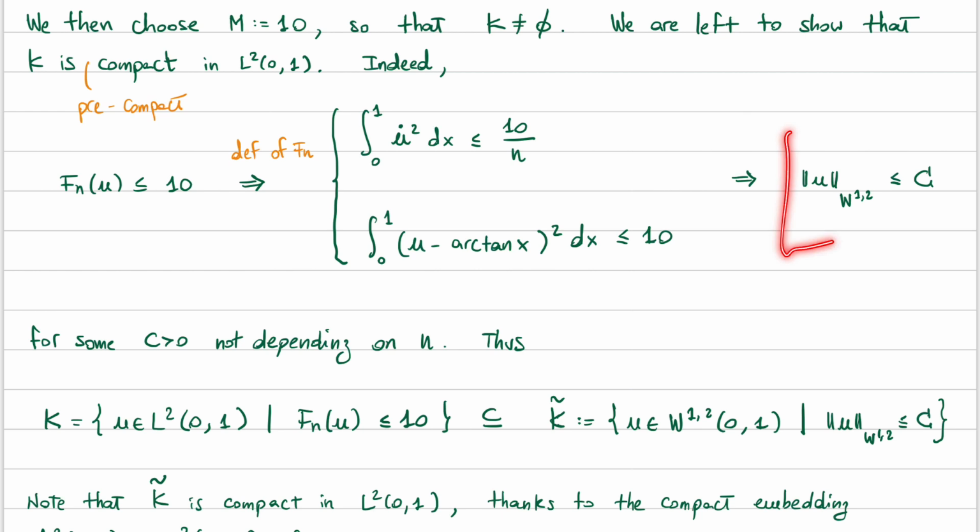So in total, we obtain that u is bounded in W12 by some constant c, which does not depend on n. So this is important. It does not depend on n, and does not depend on u, of course.